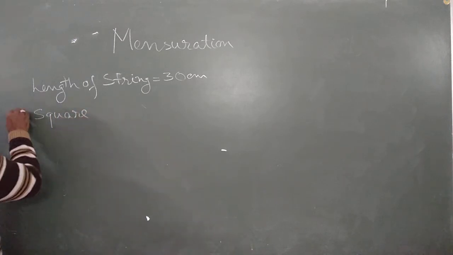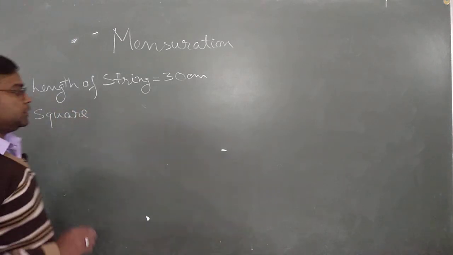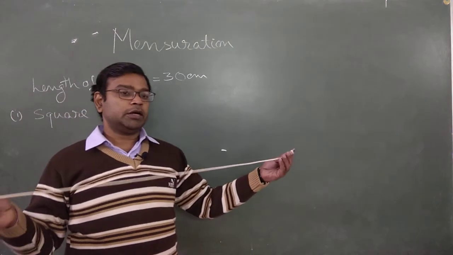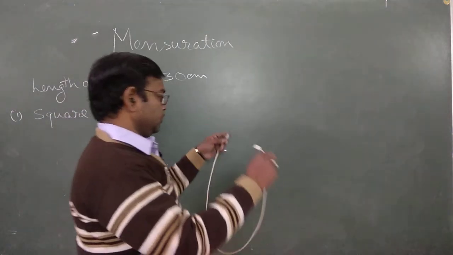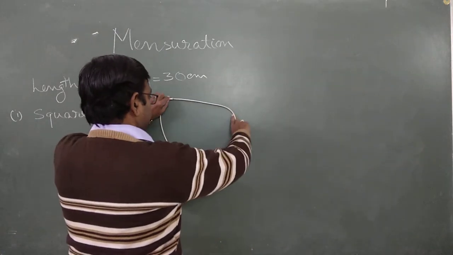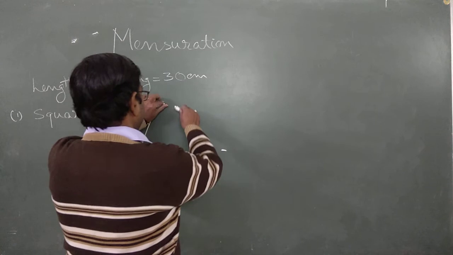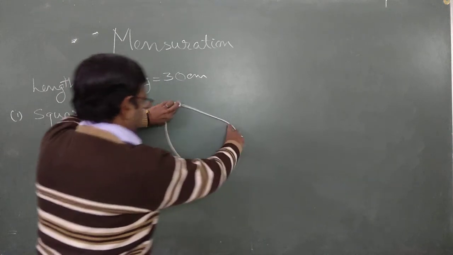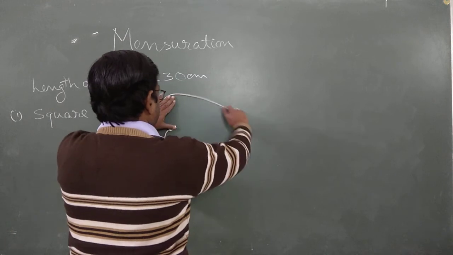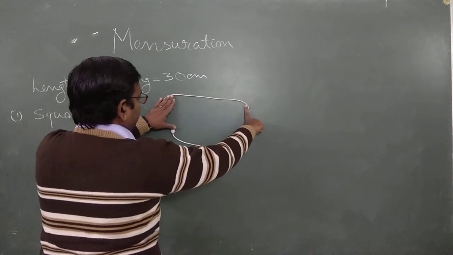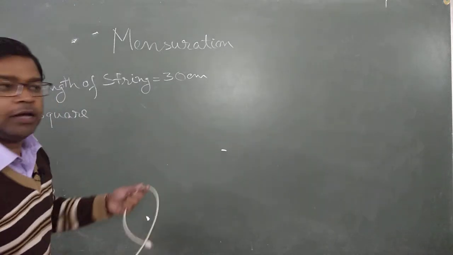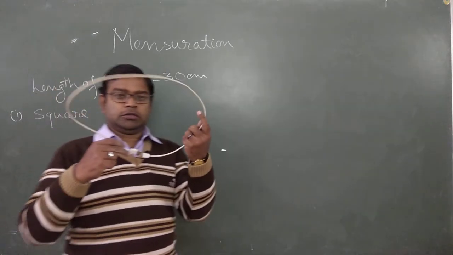So in case of a square, we always remember that if we form this string as a square, what does it mean? It means we bend this one somehow, so that you can form a square or rectangle or circle.